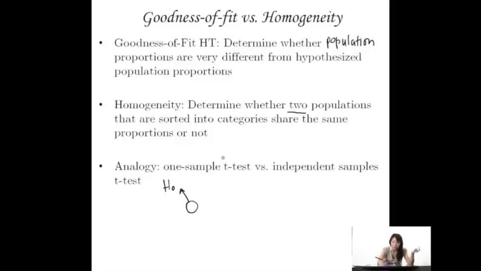Versus in independent samples, we had two samples, and we wanted to know how similar they were to each other, or how different they were from each other. And our null hypothesis was changed to something like mu sub x bar minus y bar equals 0, that they're either made up of the same mean or different means.